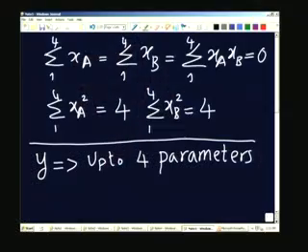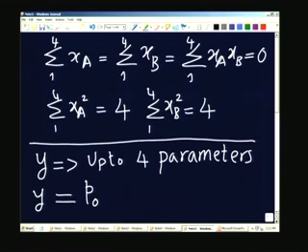Therefore, I will think in terms of what is that function which can have 4 parameters. The simplest I can think of will be a linear relationship. So, I will say y equal to, the first one will be of course a constant, because the value of y can have a value independent of these parameters.